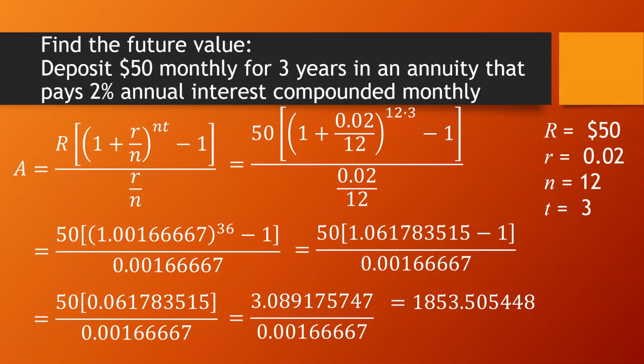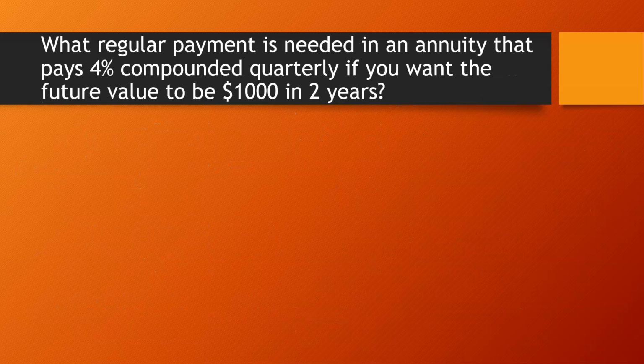Now you want to simplify this by rounding to the nearest cent, that's the nearest hundredth, and we find out that at the end of 3 years, we will have $1,853.51 in our annuity.